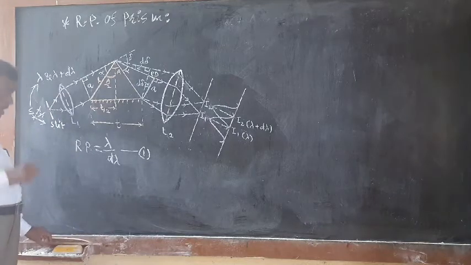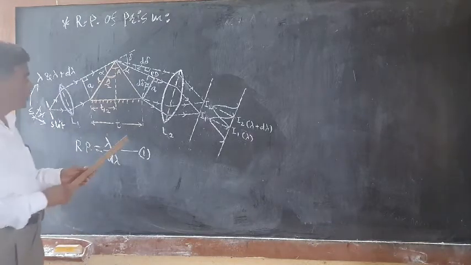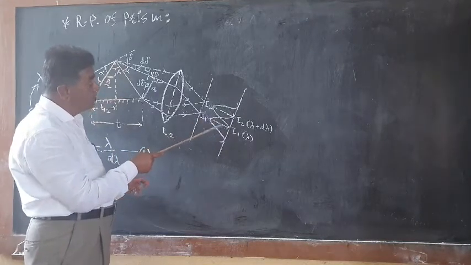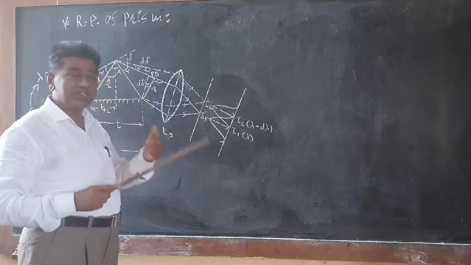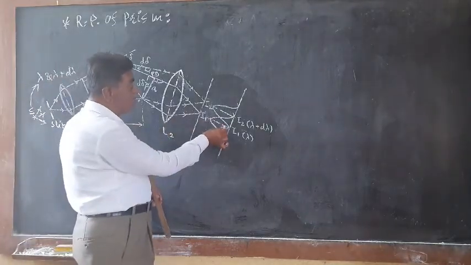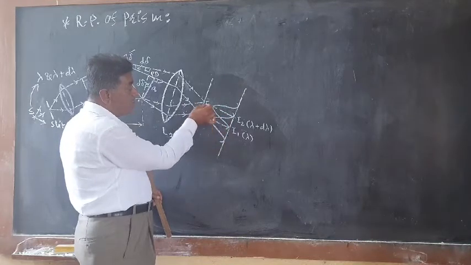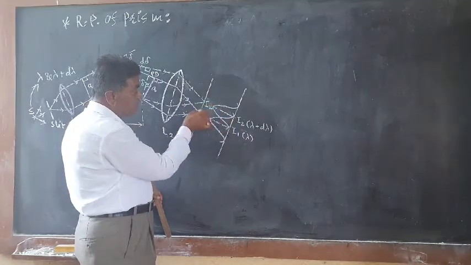Now according to Rayleigh, two nearby spectral lines are said to be just resolved if the principal maximum of one diffraction pattern, the diffraction patterns of I1 and I2 being shown here, falls over the first secondary minimum of the other diffraction pattern and vice versa. This just resolved condition is shown, and the prism is set at the minimum deviation position. This is Rayleigh's condition.